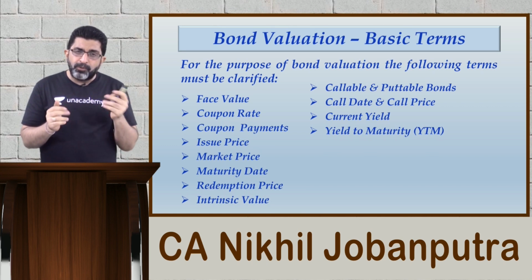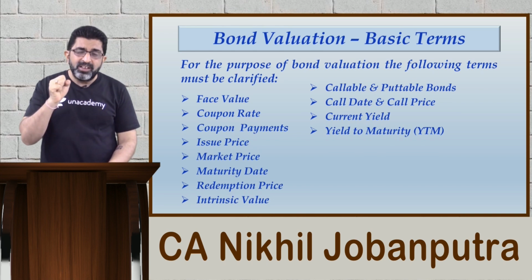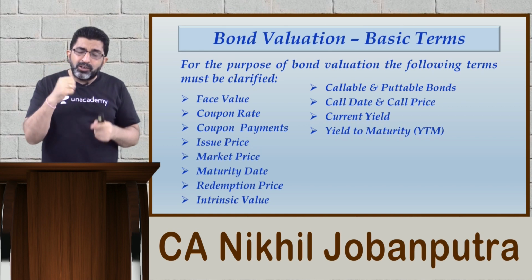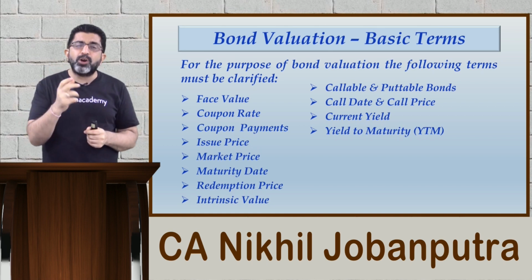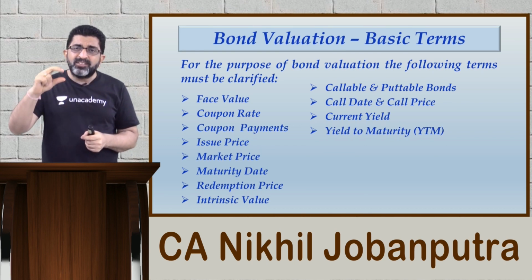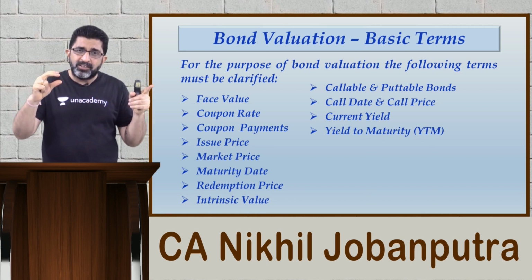Yield to maturity of a bond is not just current year's return. It is the rate of return throughout the life of the bond. You are just going to observe that the bond has generated a definite rate over a certain number of years.